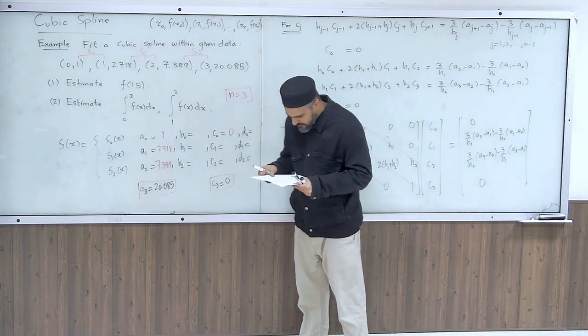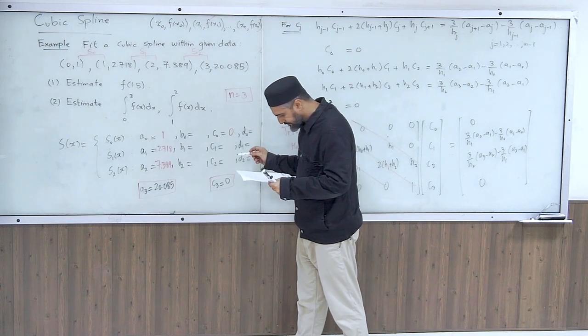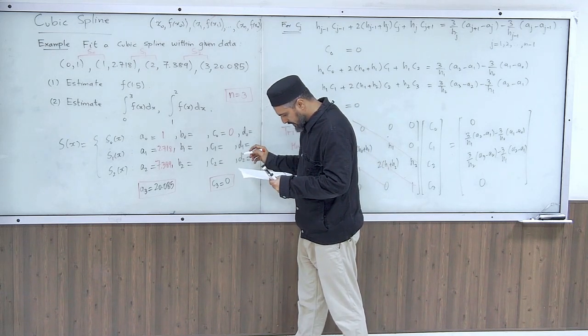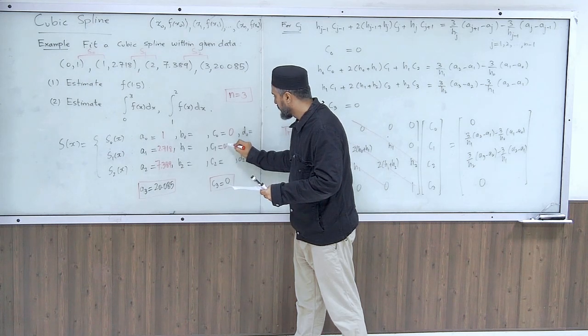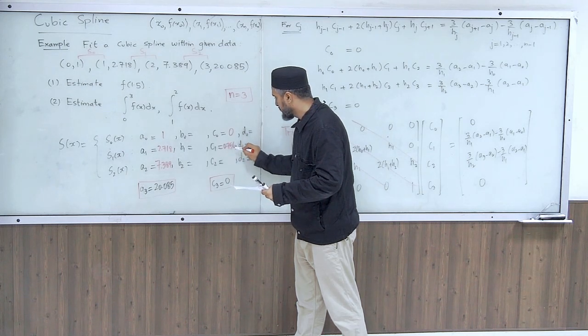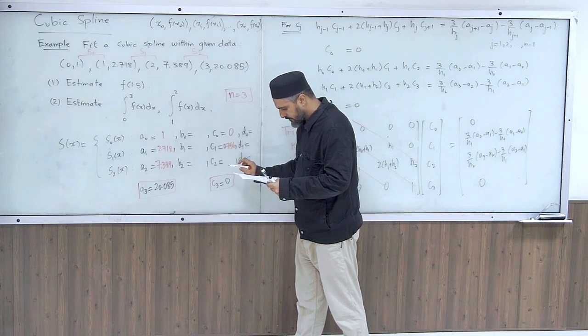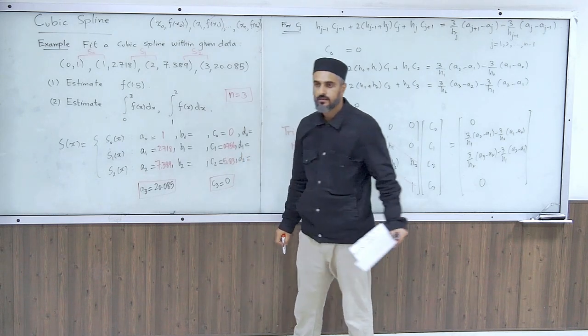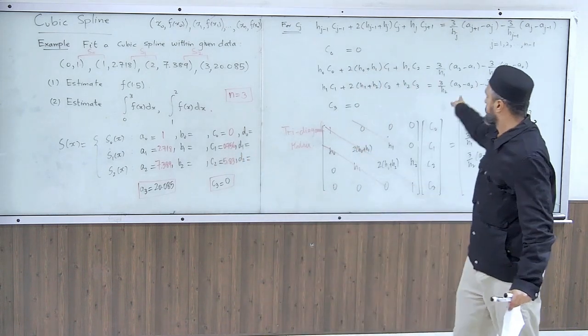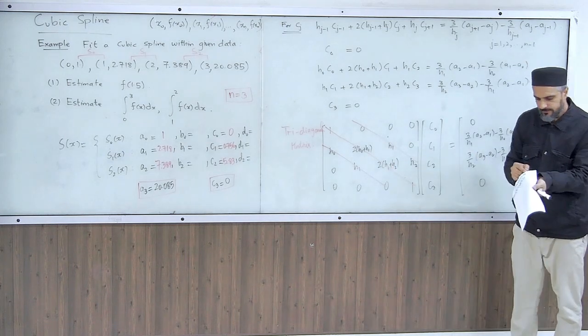The value of C1 is 0.756. I'm just writing up to 3 decimal places, and this is 5.83. These are the values you can solve from here.